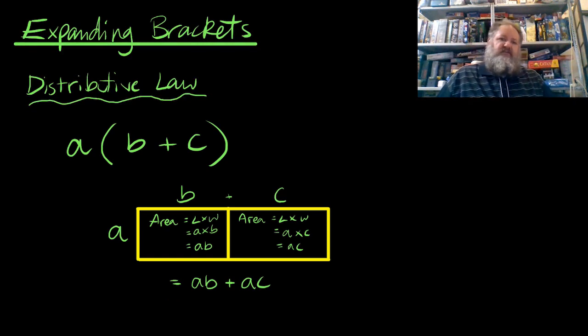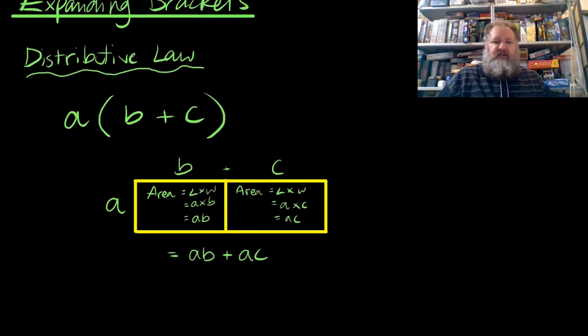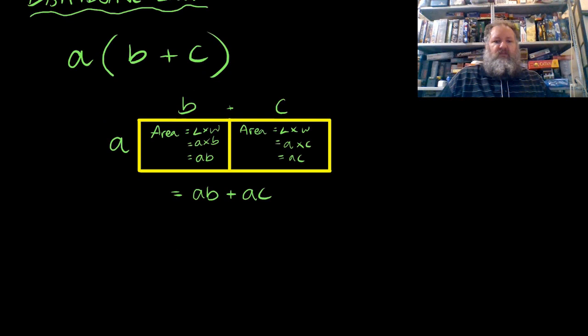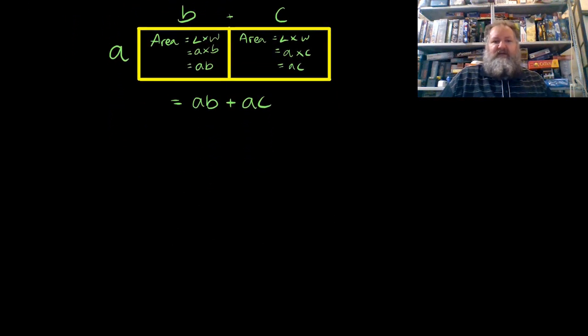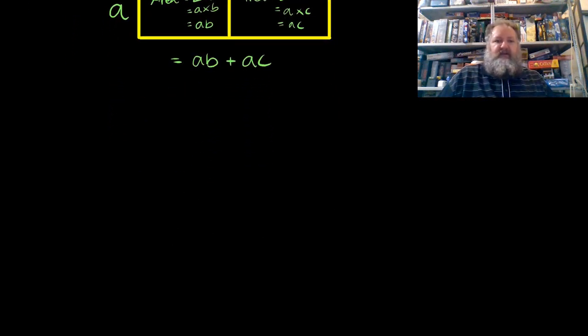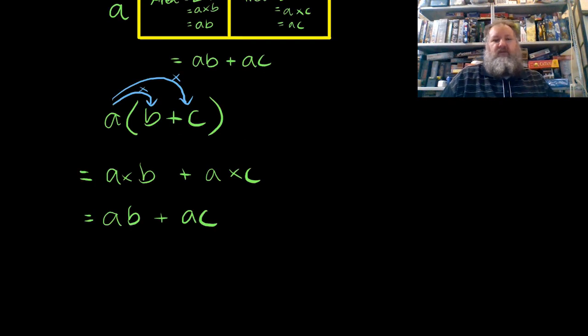So using our distributive law, we can actually work out expansions pretty simply. Let's have a look at what I was actually doing without having to draw that. What I really did is I multiplied what was on the outside by each term inside the brackets. So I'll say it again.